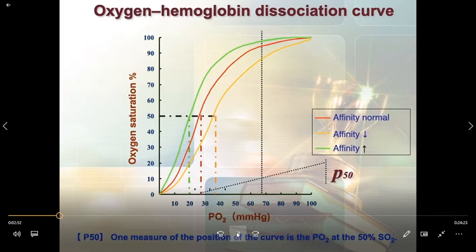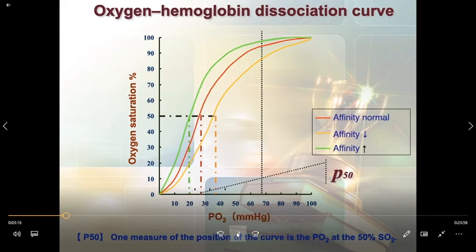What's the normal range? Think. 100, 60. If you can't give me the right answer, please go back and review the previous slides of this chapter. These are all very important parameters you should remember.